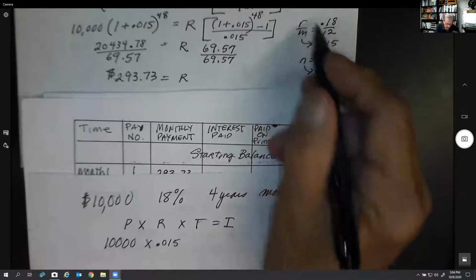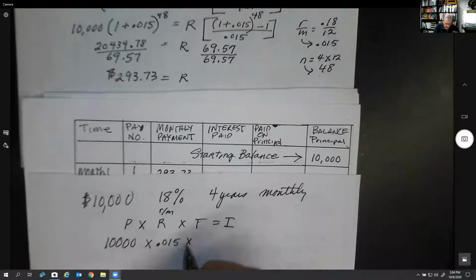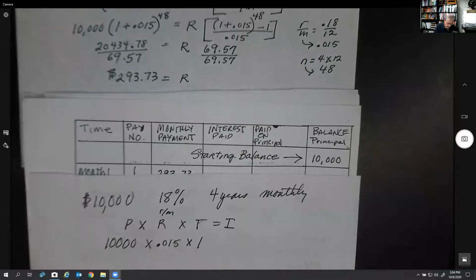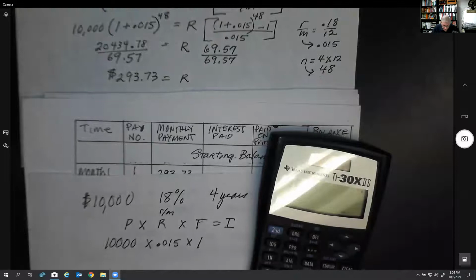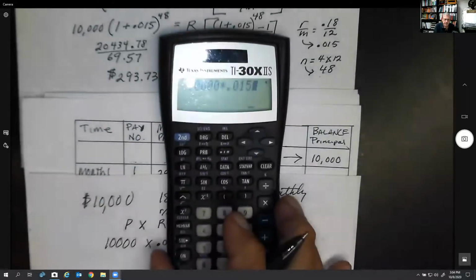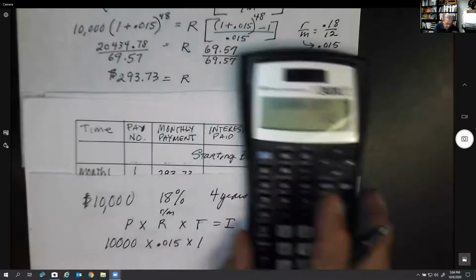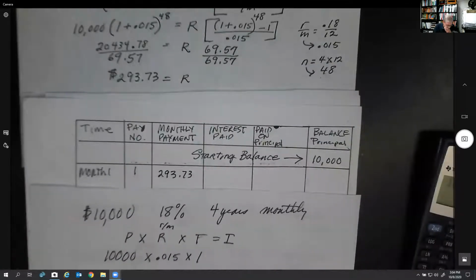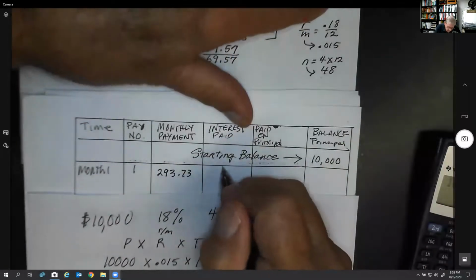The rate that we figured out, this is R over M. Times time. Time is always going to be just 1 month, so we don't have to do much there. So let's multiply these together and see what we get. 10,000 times 0.015 is $150.